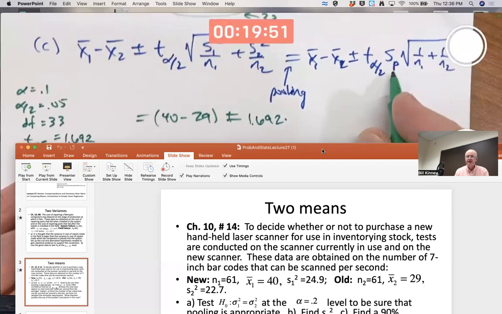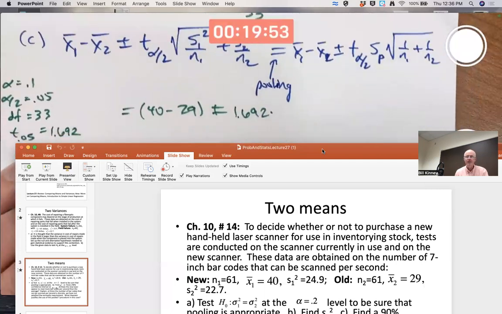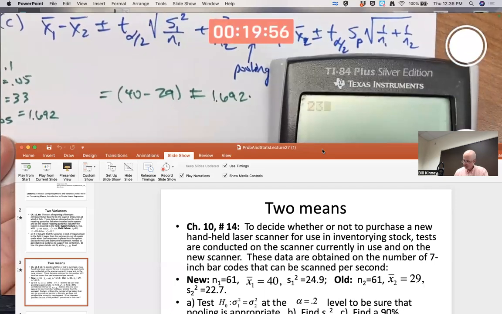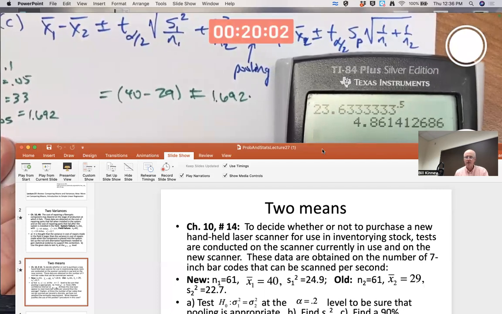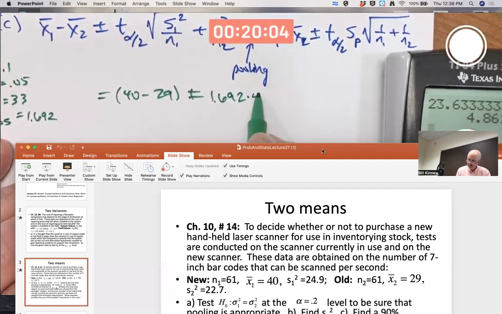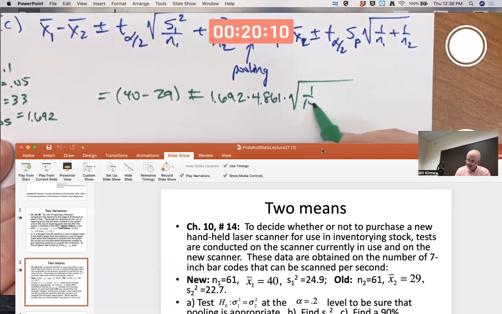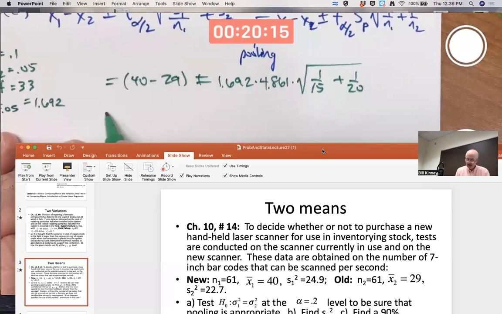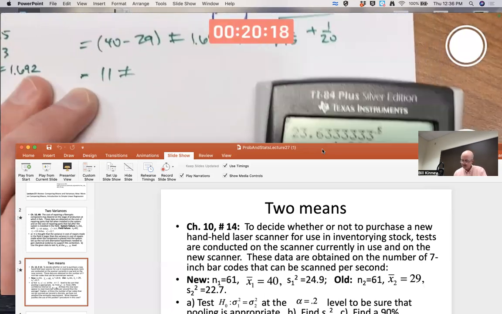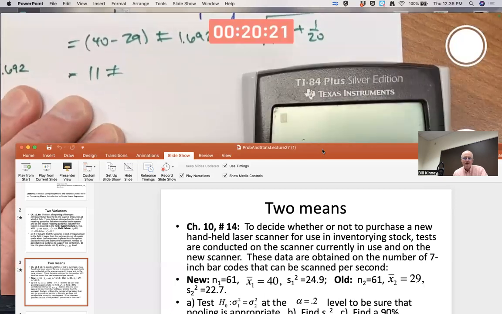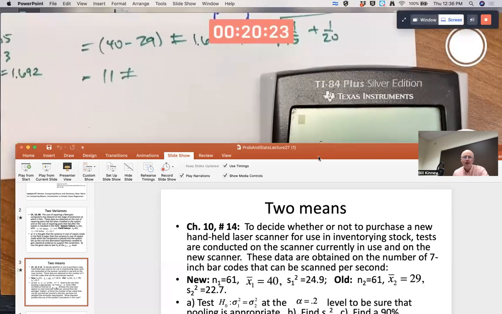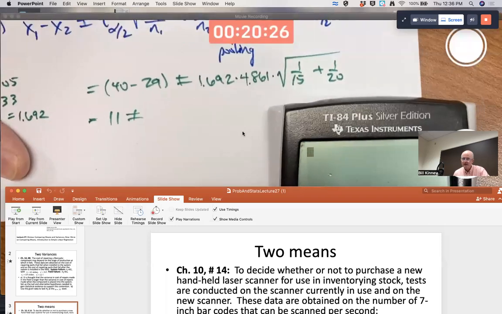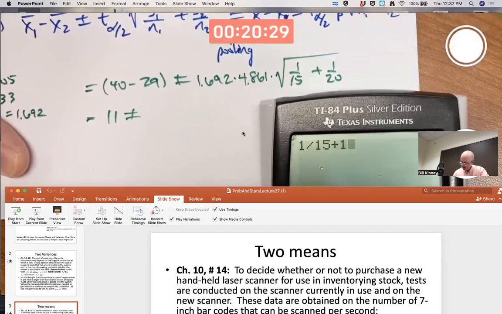Pooled standard deviation is going to be the square root of 23.63 repeating. 23.63333 to the 0.5 power. There is the pooled standard deviation, about 4.861. Square root of 1 over n1, 1/15th, plus 1 over n2, 1/20th. So we get 11 plus or minus what? 1/15th plus 1/20th.